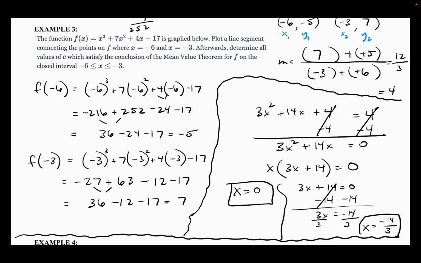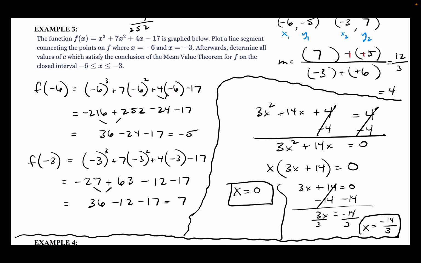So I answered that question, and here are the answers. Here are the possibilities. A is x equals 0, x equals negative 14 over 3. B, x equals 0. C, x equals negative 14 over 3.